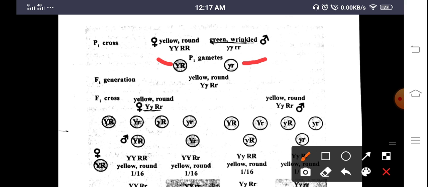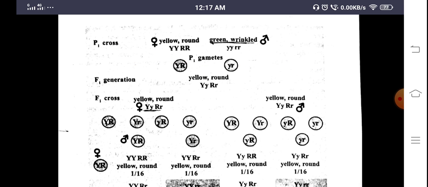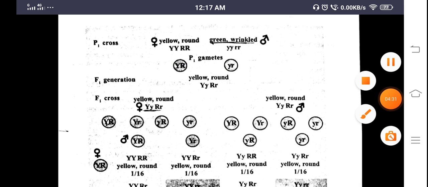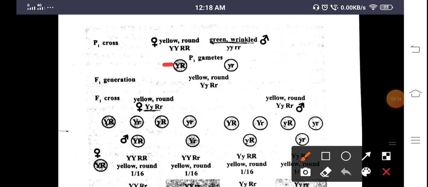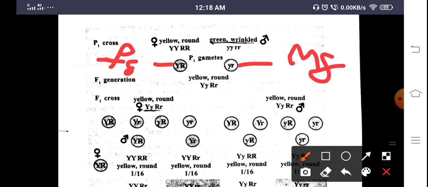So now when we cross these gametes, this is the female gamete, FG, and this is the male gamete, MG.